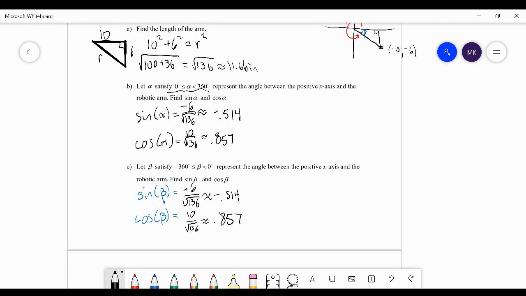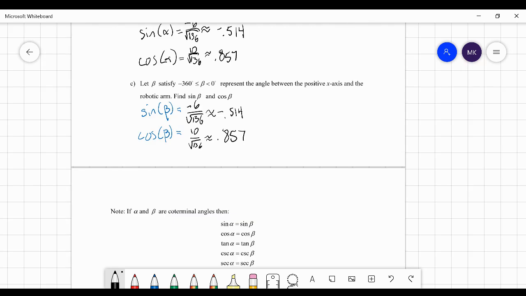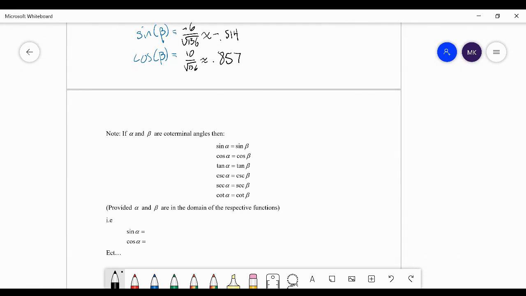So cosines of both alpha and beta are approximately 0.857. That's it, right? That's not too hard. Okay. And what's really cool here is if alpha and beta are coterminal angles, it doesn't even have to be within one rotation like we had before, just any coterminal angle, then all of their trig functions match. They're all equivalent. So it makes it really nice and simple.